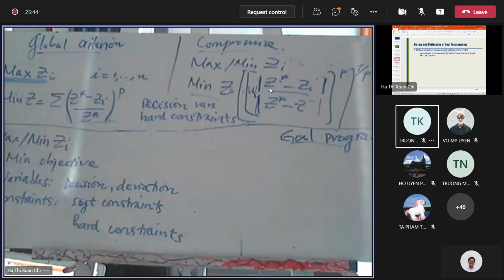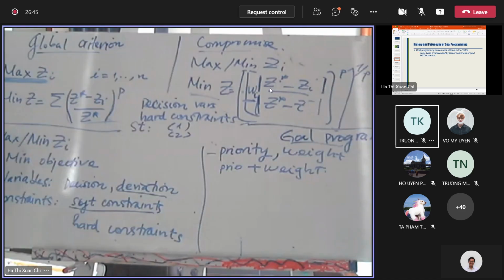They also have weight. They also have priorities combined with weight. Okay. That is the main difference.